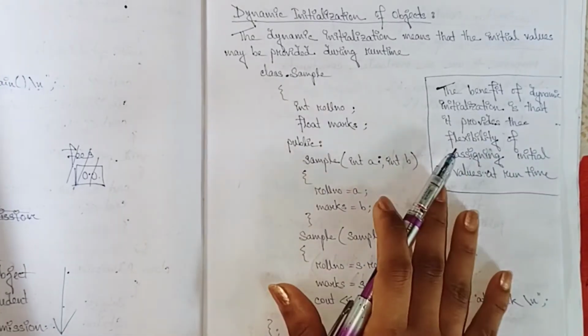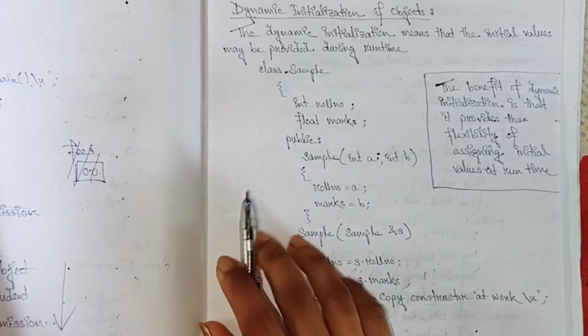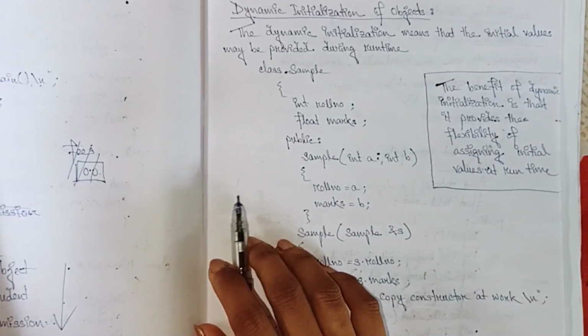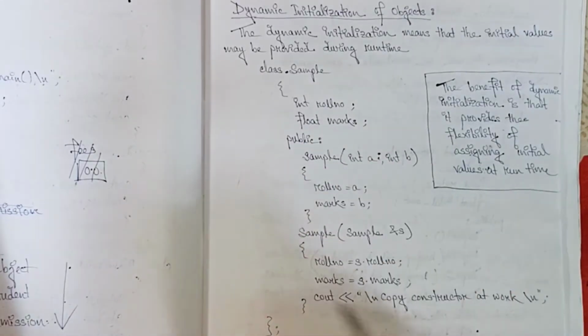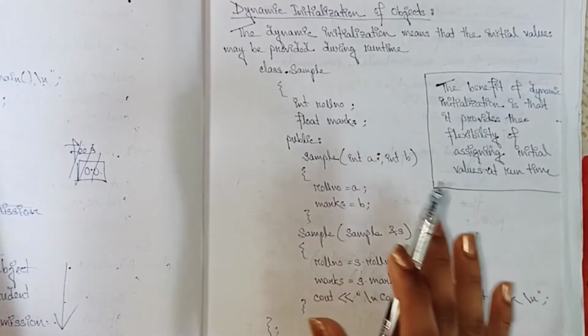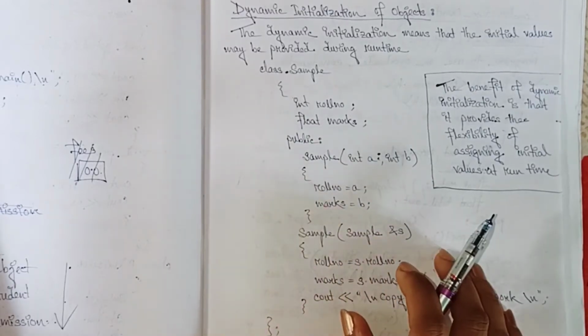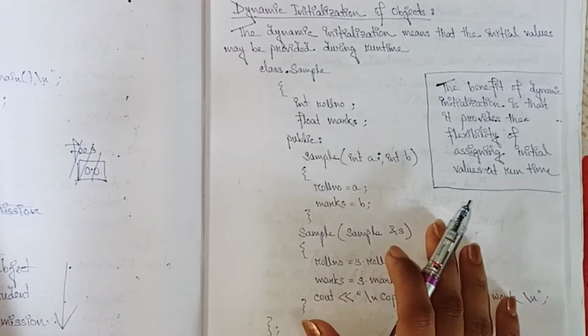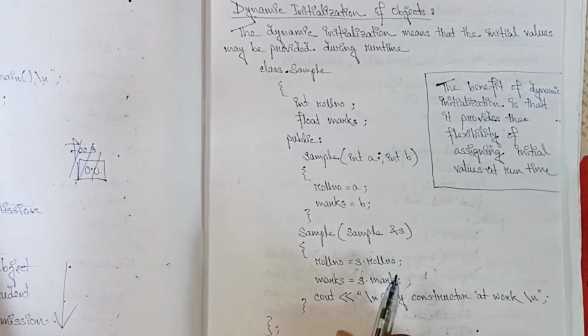That was the topic of static initialization. In static initialization, we provide the values to the objects in our code itself, and in dynamic initialization, the values will be provided by the user at runtime. So in this code we will see that.